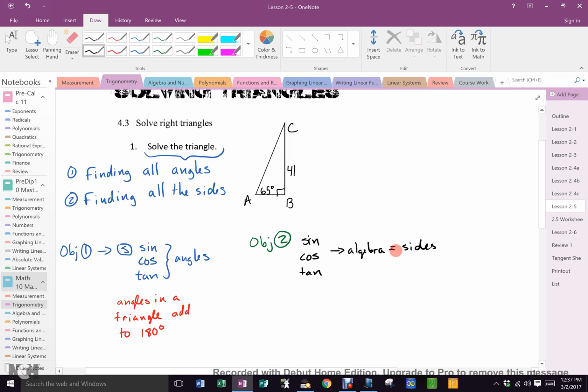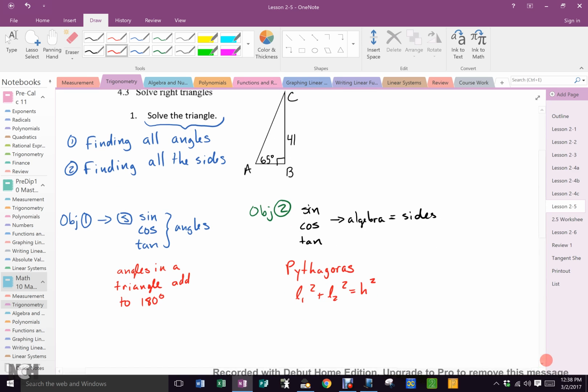Do you have another thing that works to find sides of a right angle triangle? Pythagoras. Which is not a squared, b squared, c squared. Leg 1 squared plus leg 2 squared equals h squared.